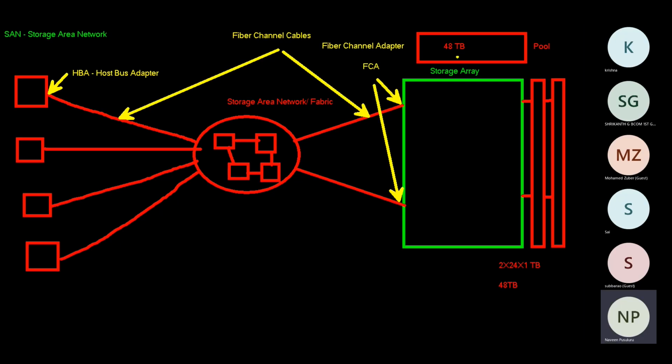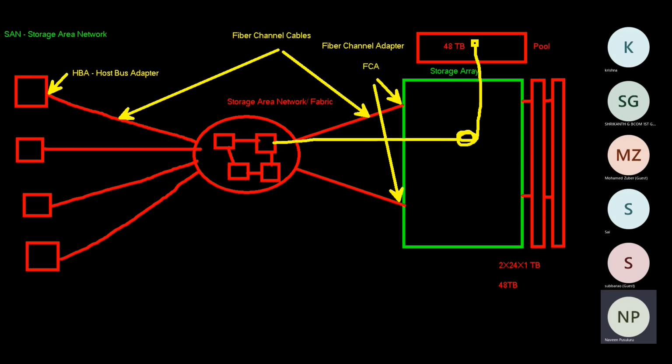Now my server one wants some 50 GB of storage. So I'm going to create a 50 GB logical partition here, and do the configuration on the storage end. This 50 GB logical partition should be visible to the unique address of the HBA where it is installed. So I'll mention that unique address here.